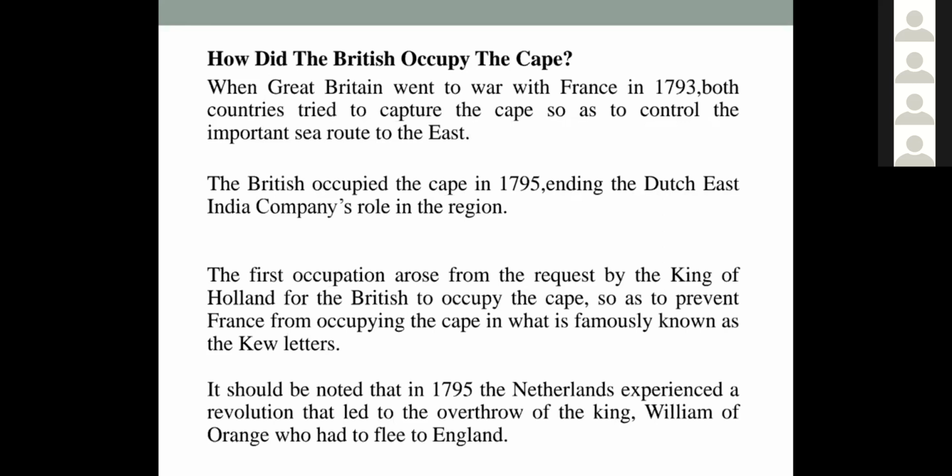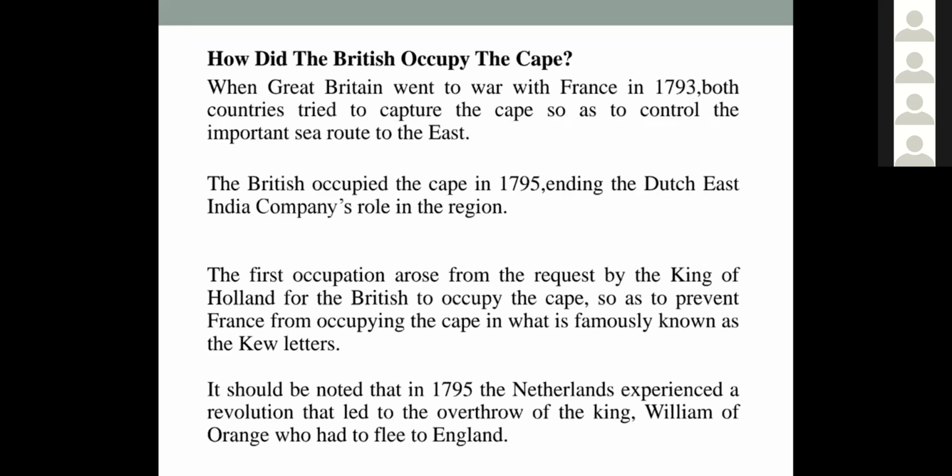In Holland itself, in 1795, we also have a revolution, what is commonly known as the Batavian Revolution. So the King, William of Orange, fled Holland because of the Batavian Revolution, supported by the French Revolution, and went to England.